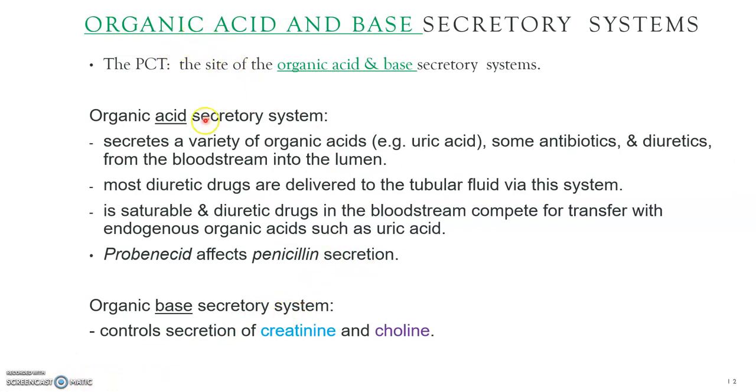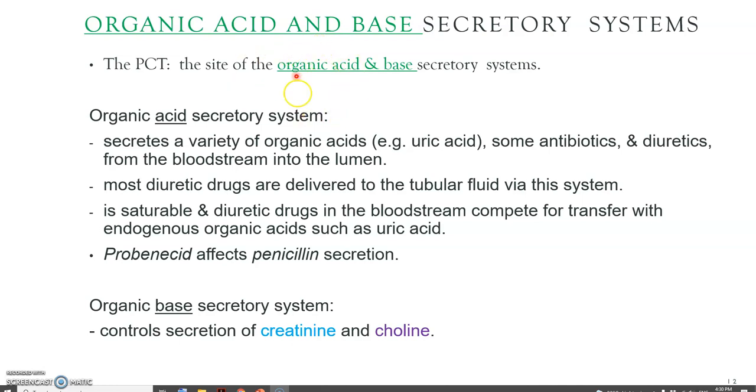So next we talk about the organic acid and base secretory systems. The proximal convoluted tubule is the site of the organic acid and base secretory systems. So we have the organic acid secretory system, and then we have the organic base secretory system. The organic acid secretory system will secrete a variety of organic acids, for example uric acid.